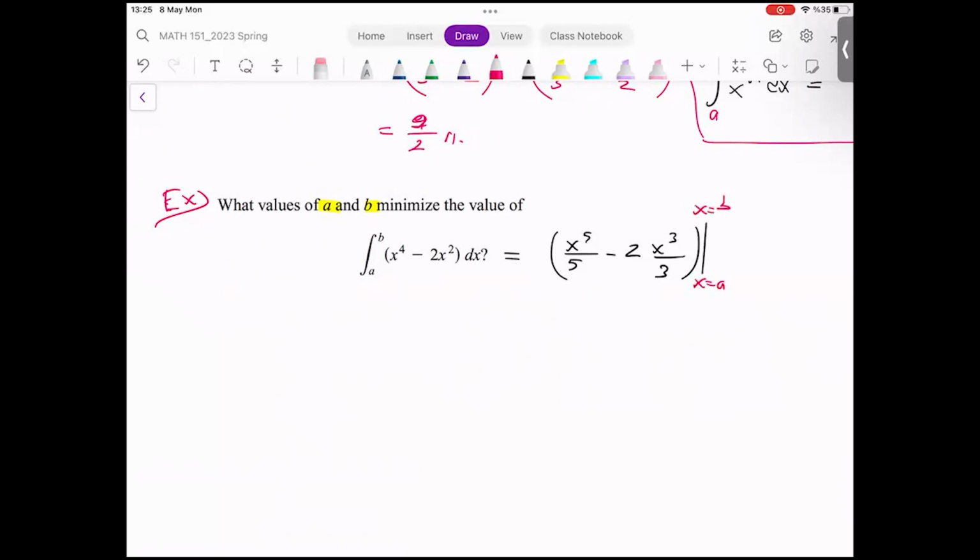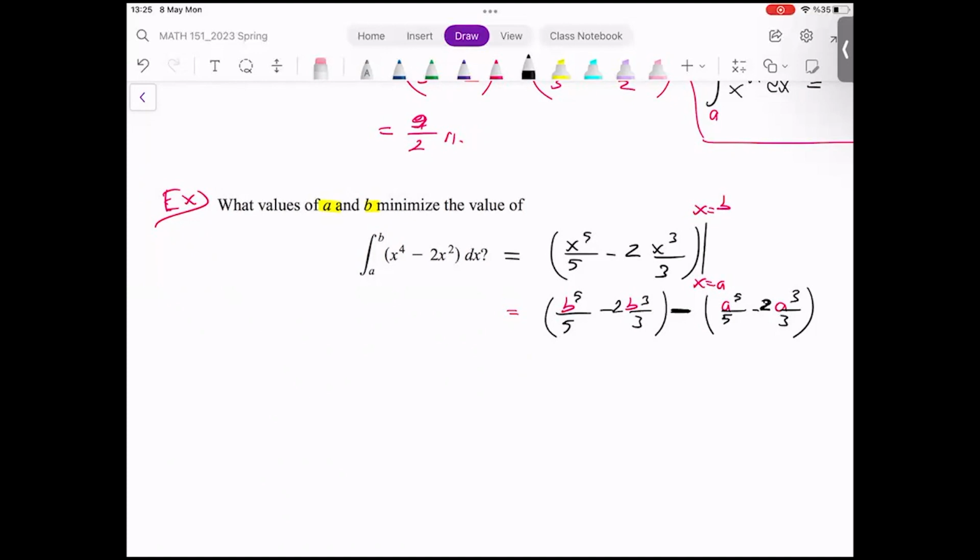Now insert your boundaries. B, A. This is b to the power 5 over 5, b cubed over 3. I inserted b minus a to the power 5 over 5, a cubed over 3. There is this 2 coefficient here, and then I take the difference. That's how it should be computed, right? Algebraically. Okay, this is the result.